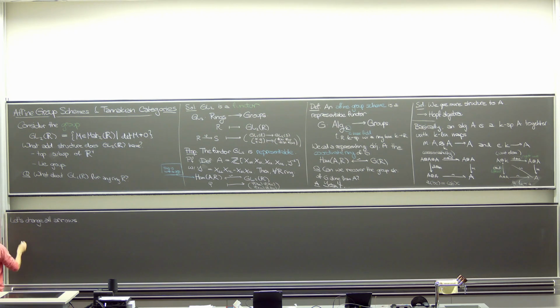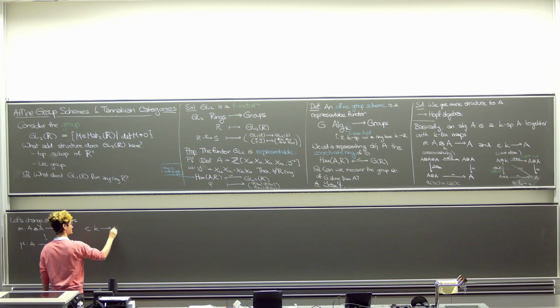So instead of a multiplication that we have in our algebra, we say we want another map which goes from A to A tensor A. And instead of a unit, I have a map which I conveniently call in Greek letters an epsilon, which goes from A to K.